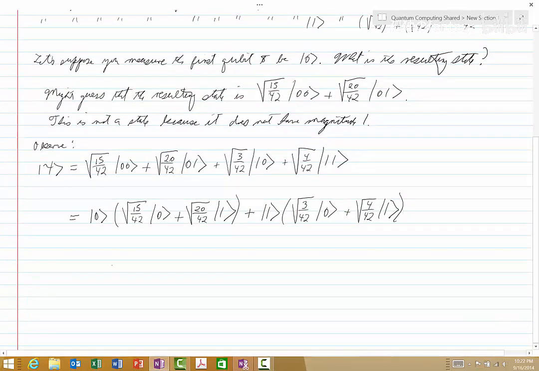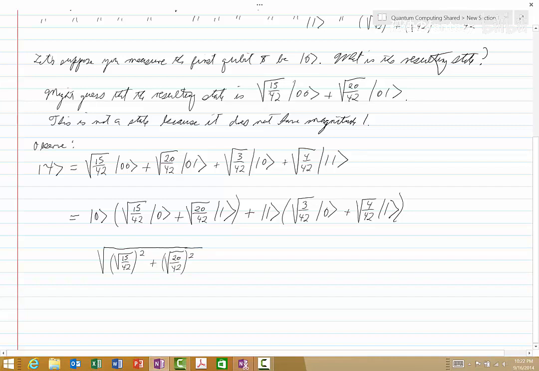For the first term, what we will do is take the square root of this coefficient squared plus this coefficient squared. So we'll have the square root of the square root of 15 over 42 squared plus the square root of 20 over 42 squared.